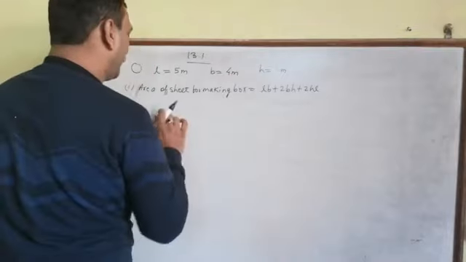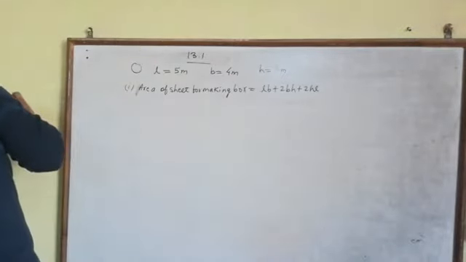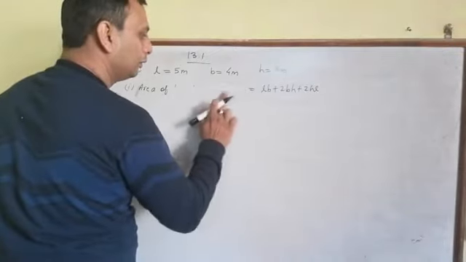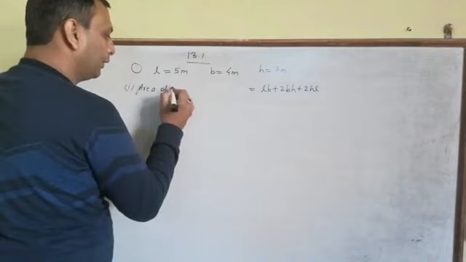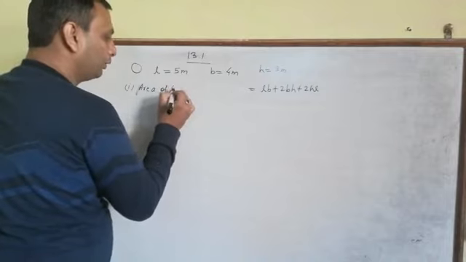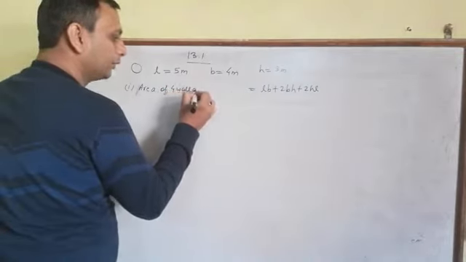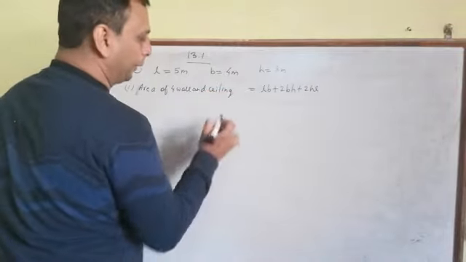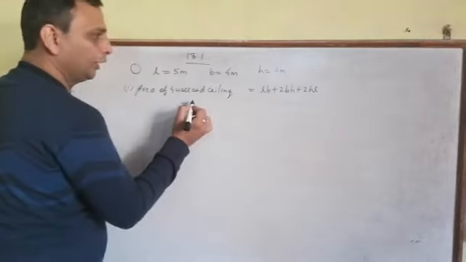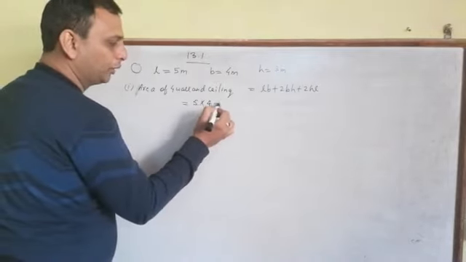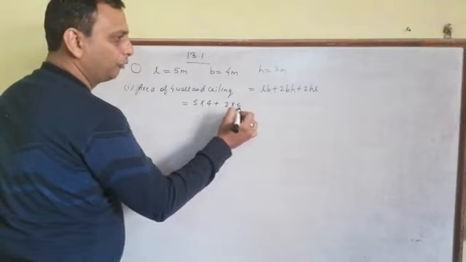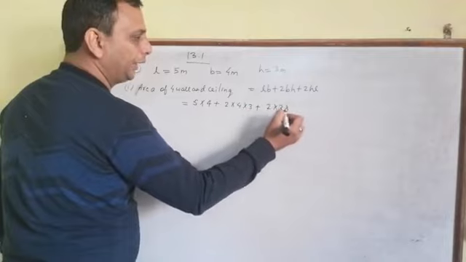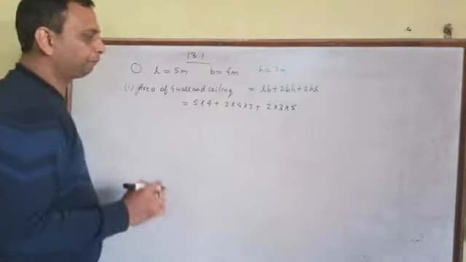Same formula: first we have to find the area of the walls and ceiling. The area of the four walls and ceiling, this formula you have to apply.